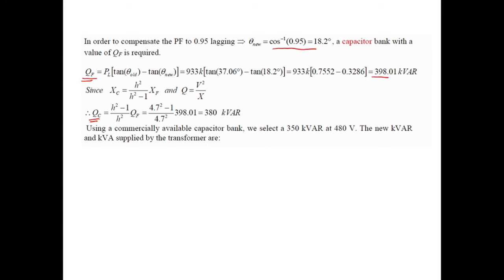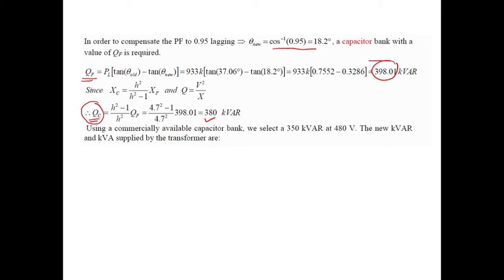So that will give us 380 kilovolt ampere reactive. So that will be the size of the capacitor bank. This is the size for the whole filter that consists of both L and C, but this is only for the capacitor.